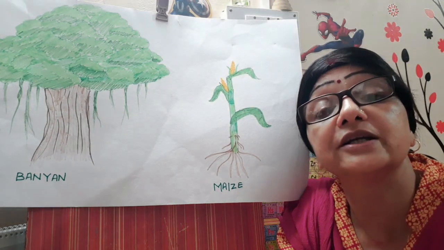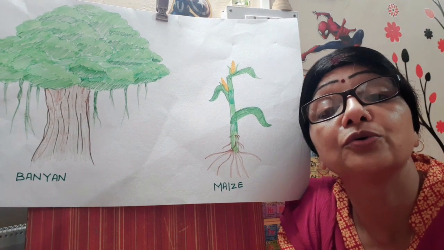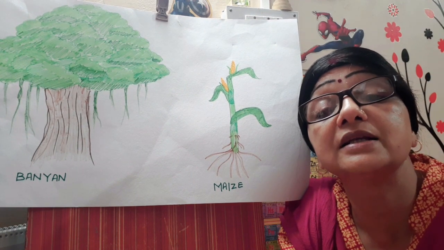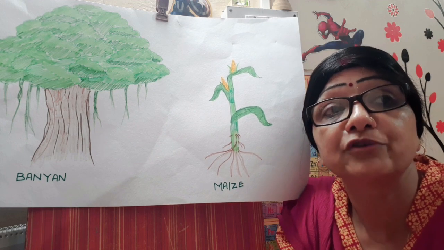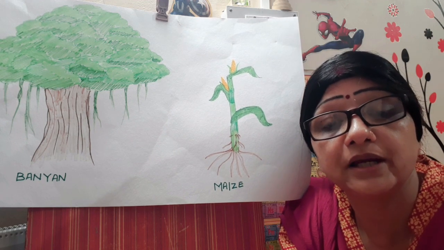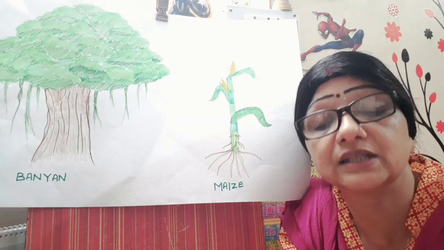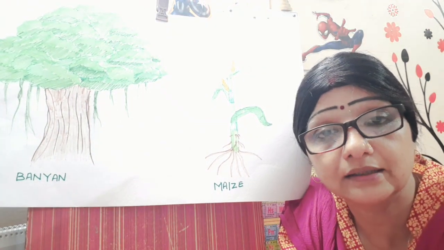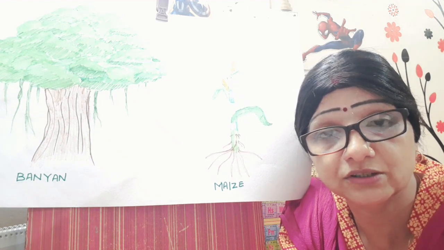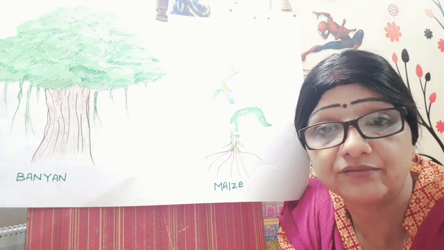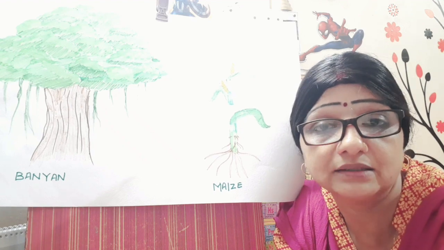In case of taproot, a single long root arises from the base of the plant and many small roots come from it. And we have studied about the main functions of the root, that is fixation and absorption. And another thing we have studied is the special functions of the root, in which we have discussed edible roots and aerial roots.